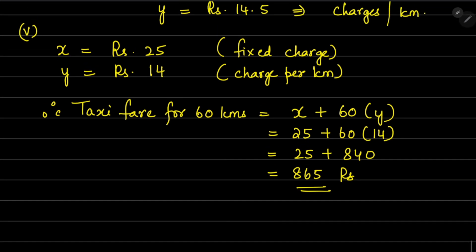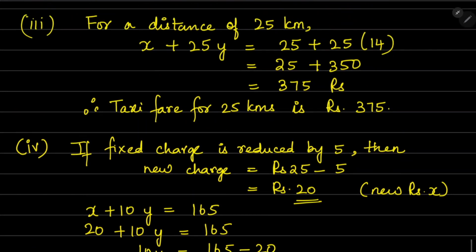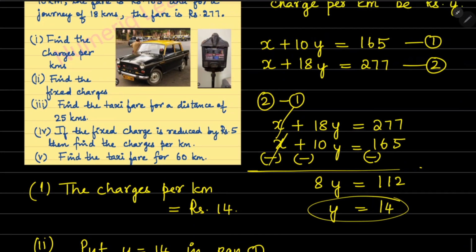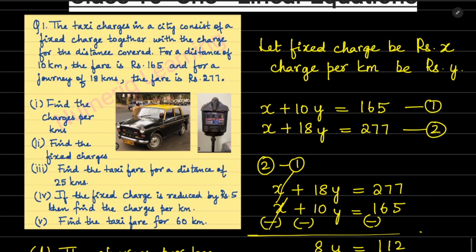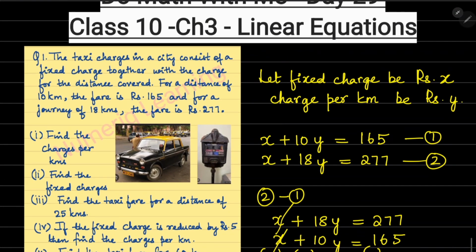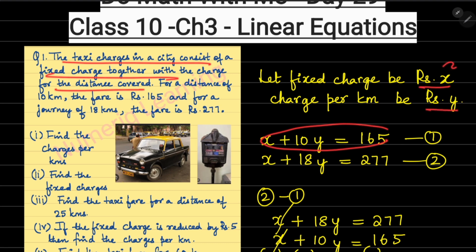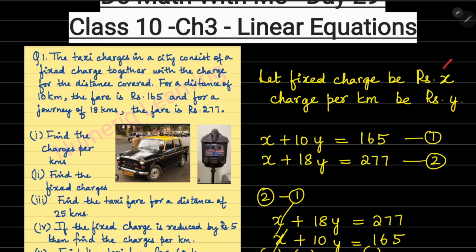Okay. So that's how you have to do it, one at a time. Right? Understand the question. It's a very, very easy question. Initially, what did you have to do? You have to just convert the statement into your linear equation, right? The first sentence is very important. You have to understand that there are two charges. One is your fixed charge, which you can denote by x, and then the variable charge, which will vary, isn't it?